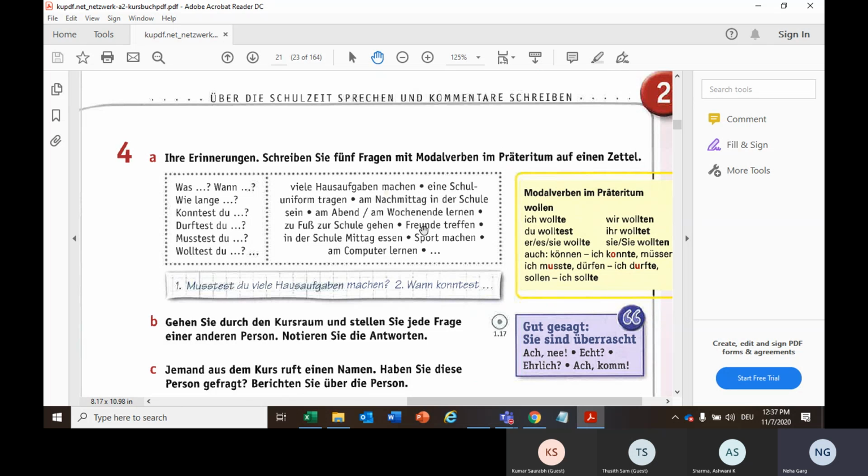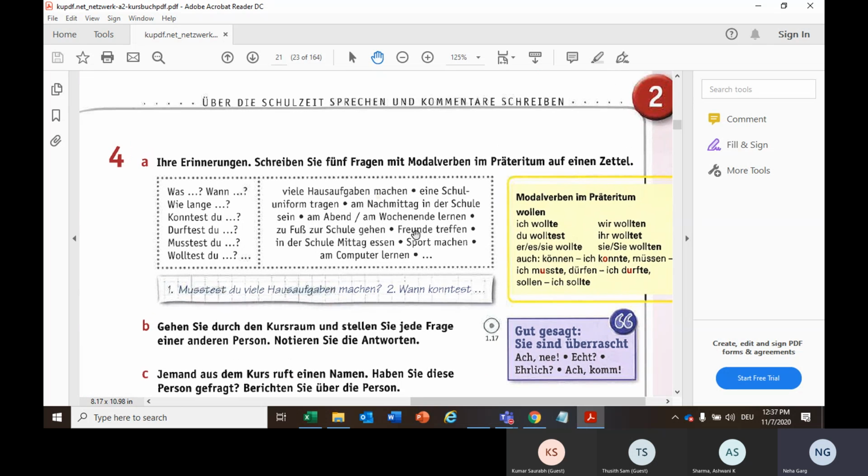Now, what you have to do is write 4 questions using these modal verbs or W questions in past tense. You are asking somebody something in past tense, like you had to learn a lot in your school time.